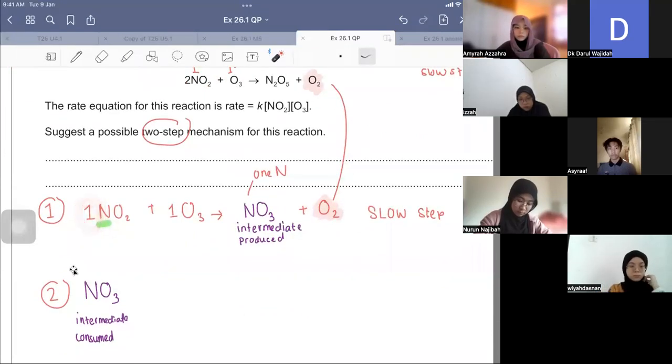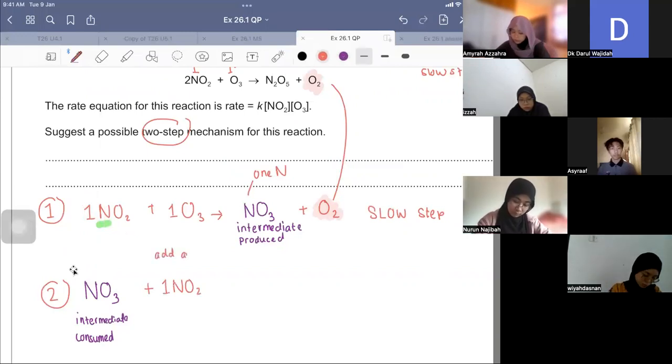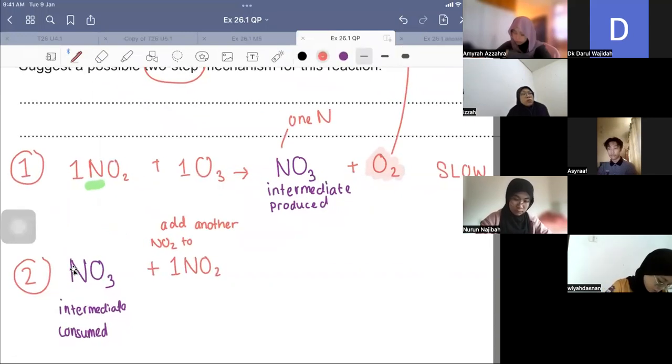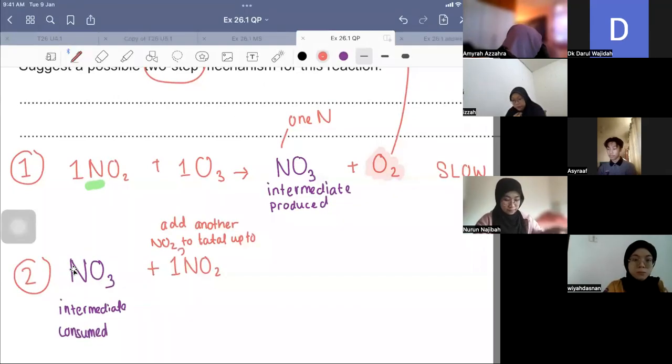That means I need to add on another molecule of NO2, to total up two mole. Okay.